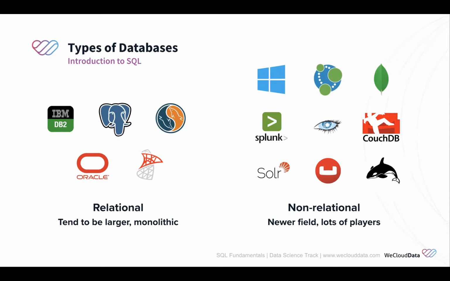be confusing sometimes, right? On the left-hand side, we'll see the relational database family, right? Databases such as DB2, which is used a lot in the banks, PostgreSQL, an open source database, and MySQL. These are two of the most popular open source databases.